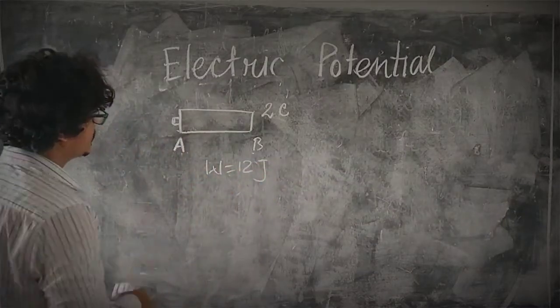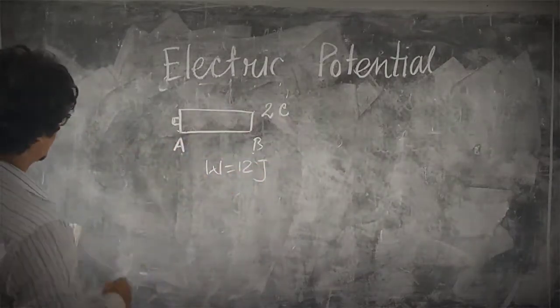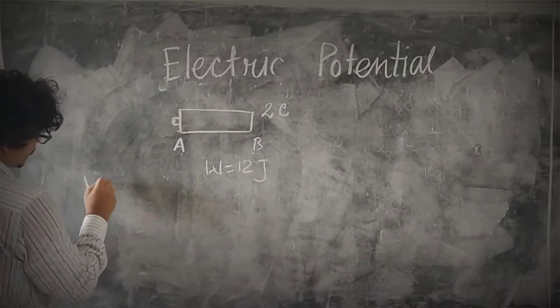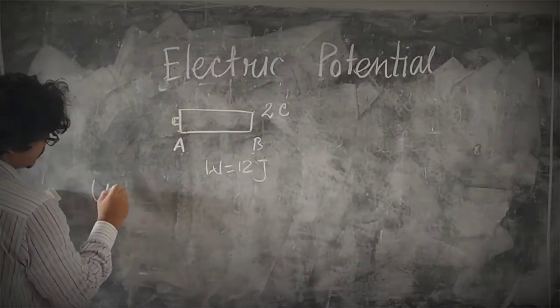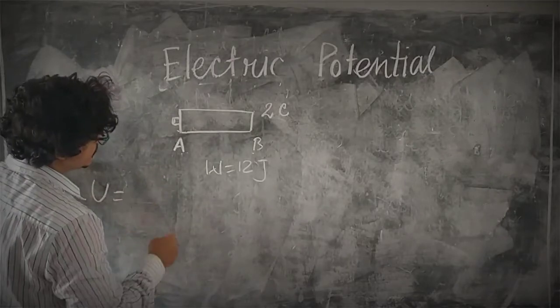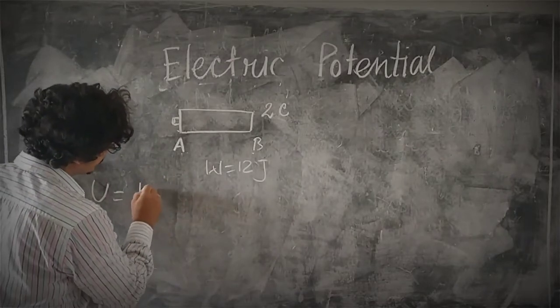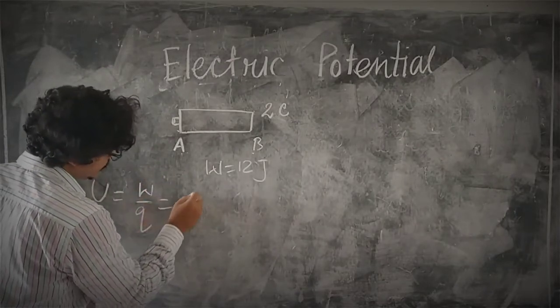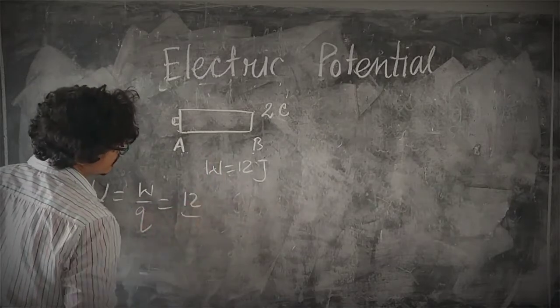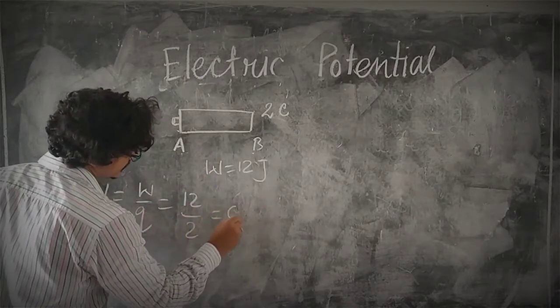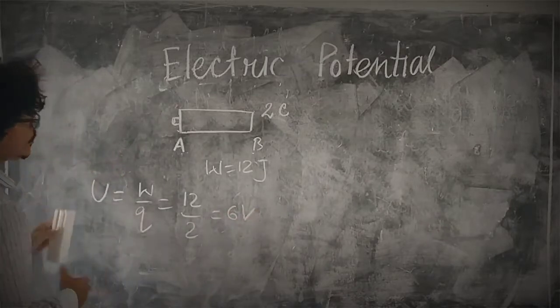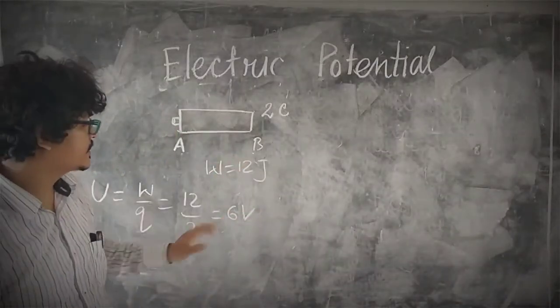Then what is the potential difference between A and B? The potential difference between A and B is work done by charge. So work done is 12 and charge is 2, that is 6 volt. So the potential difference between A and B is 6 volt.